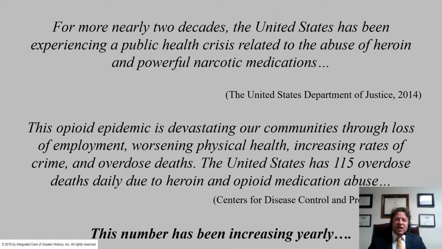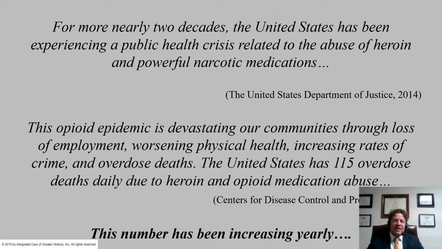So let's describe some of the statistics briefly, and this is why you're here today: for more than 2 decades, the United States has been experiencing a public health crisis related to the abuse of heroin and other powerful narcotic medications. And the opiate epidemic is devastating our communities through loss of employment, worsening physical health, increasing rates of crime, and overdose deaths.